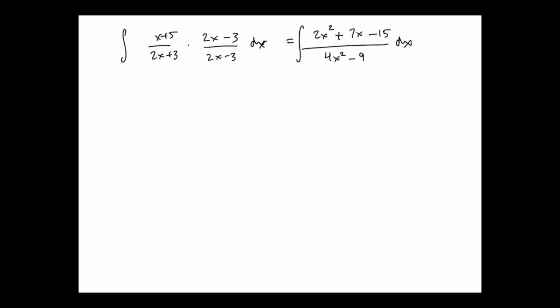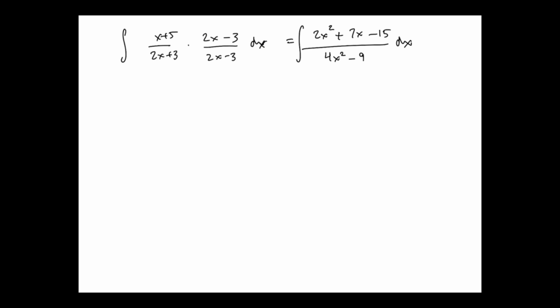Okay. Now what? I mean, it kind of looks like we made the situation worse, right? And in particular, if we tried to factor everything, we'd get right back to where we started.